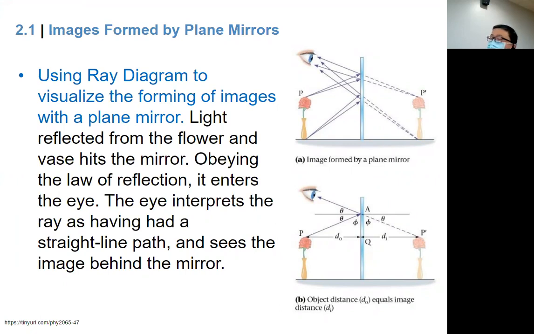You can locate the image of the 2 points, and therefore the image of the whole object. It turns out the distance of the object is equal to the distance of the image, and the image will be upright. It will be a virtual image, from the geometry there.